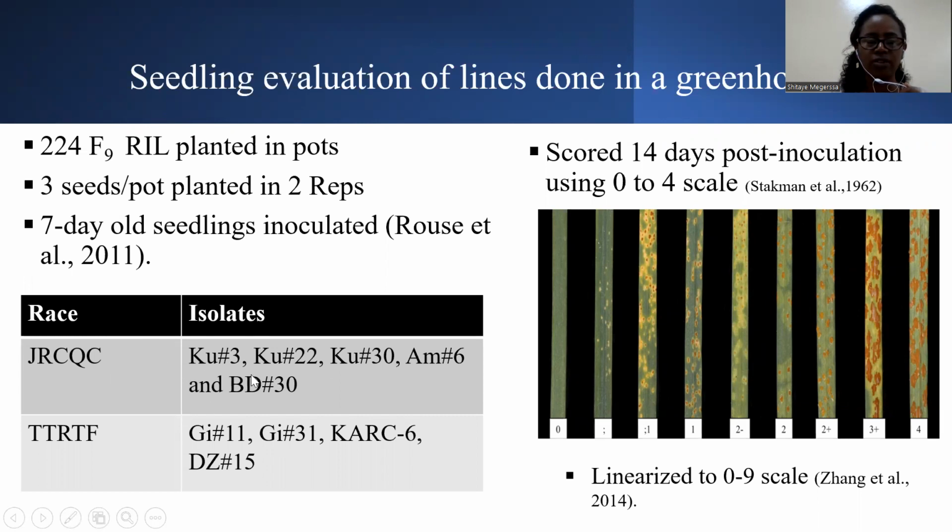The isolates for JRCQC were from Plumsa, Ambo, and Barda, and those for TTRTF were from Georgia, Plumsa, and Debrezait. We scored the seedlings 14 days post-inoculation using the 0 to 4 scale of Stakman, and we linearized these to a 0 to 4 scale to make it suitable for analysis.